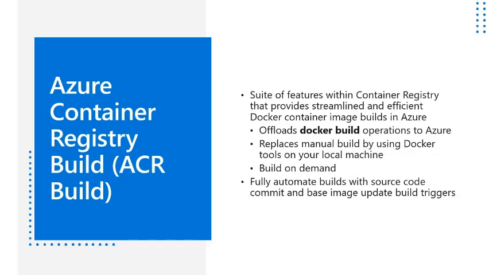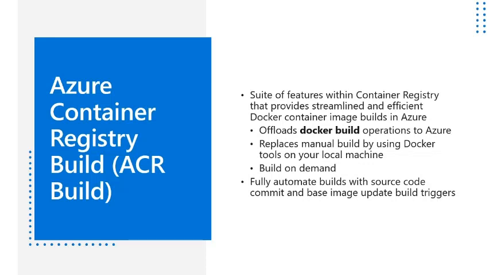ACR Tasks is a suite of features within container registry that provides streamlined and efficient Docker container image build in Azure. ACR build is one of the tasks available in ACR Tasks.